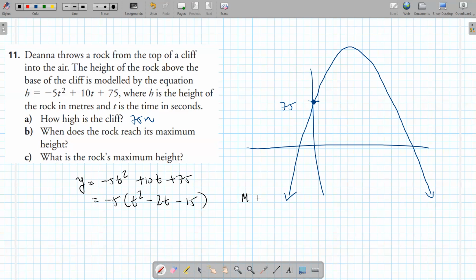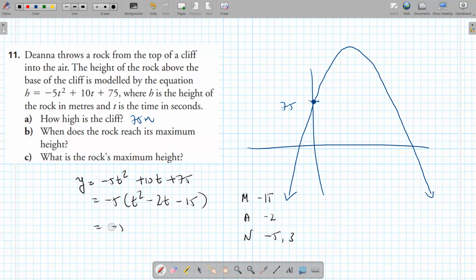Right, so we know it multiplies to negative 15. It adds up to negative 2. What are the numbers? Negative 5 and 3. Negative 5 and positive 3 would do it, yeah.